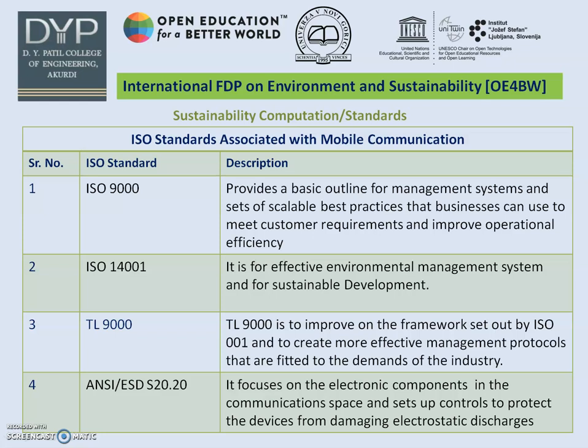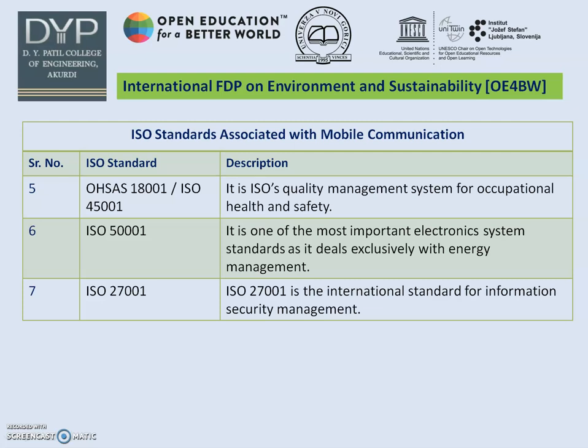ANSI/ESD S20.20 focuses on electronic components in the communication space and sets up controls to protect devices from damaging electrostatic discharges. OHSAS 18001/ISO 45001 is ISO's quality management system for occupational health and safety.